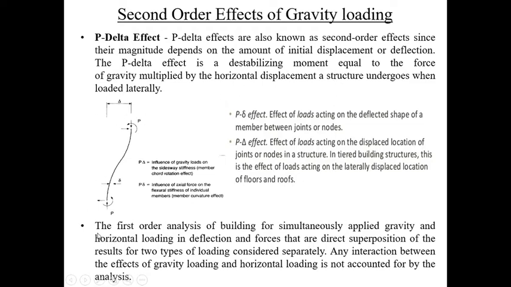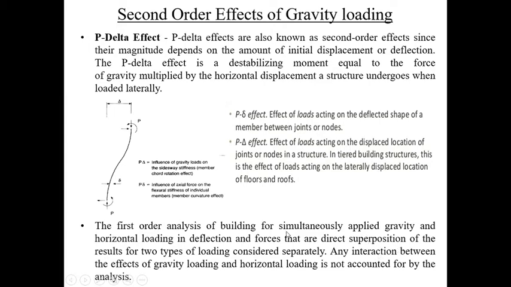Now the first order analysis of a building having the gravity load and the horizontal load applied: while getting the results of the deflection and the forces, they are considered separately and then superimposed. That is mentioned here.